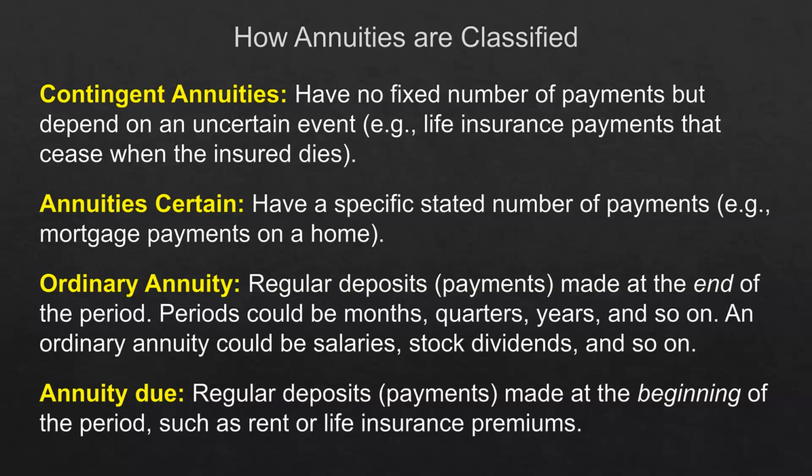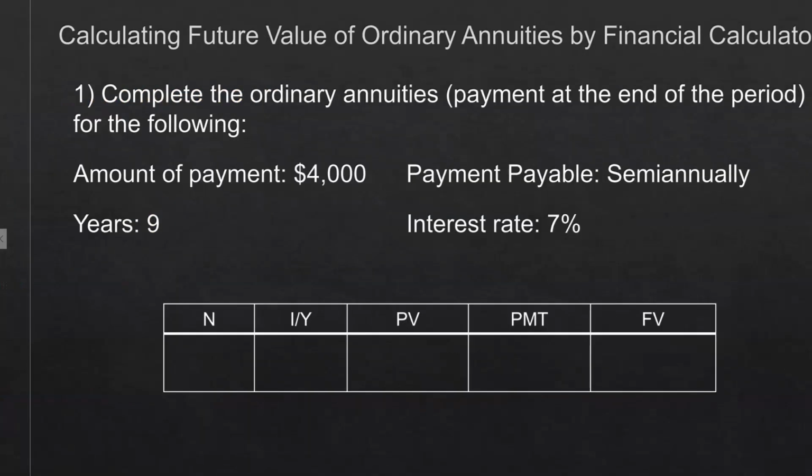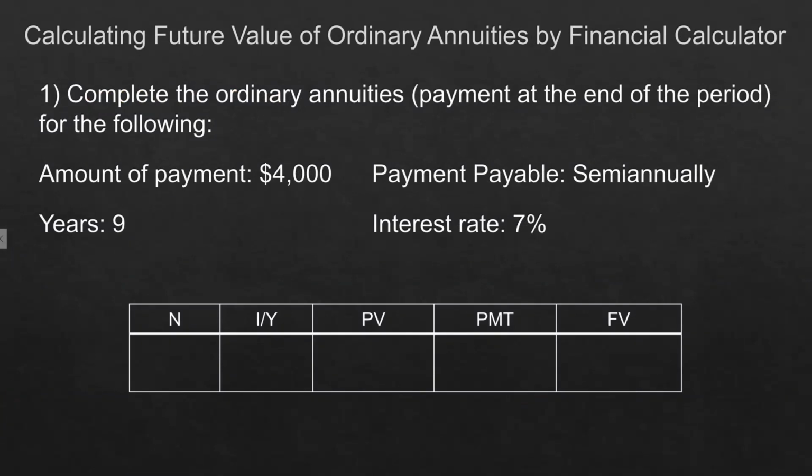Ordinary annuities are regular payments made at the end of the period, and it could be months, quarters, years, and so on. An annuity due is regular deposits made at the beginning of the period, such as rent or life insurance premiums. It does make a difference whether it starts at the beginning or the end, and I will show you how to set your calculator for whichever one we happen to be doing.